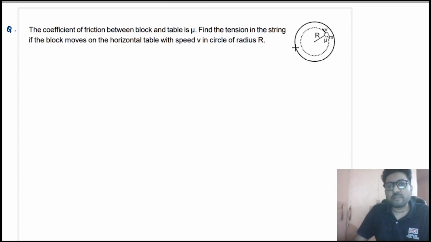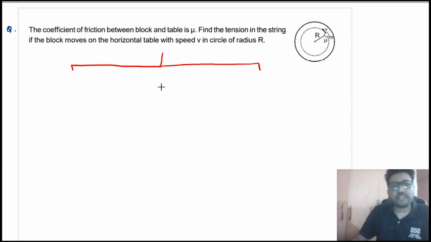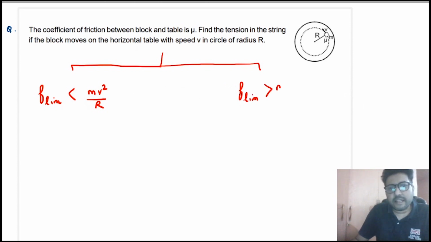Now we will divide this problem into two cases. You know that friction force always acts before tension. Case 1, if F limiting is less than mv square by r, and case 2 when F limiting is greater than mv square by r.